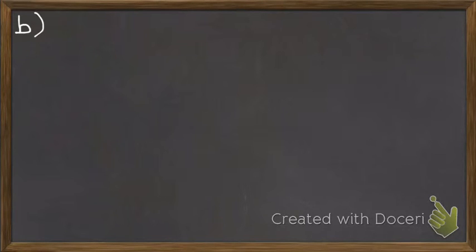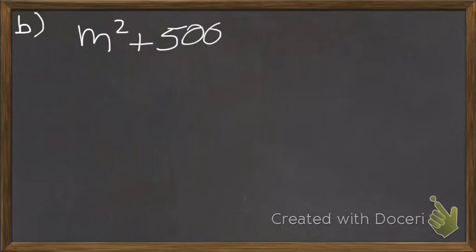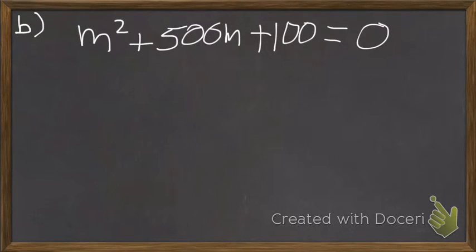Well, I tell you what I'm going to do. Part B. M squared plus 500m plus 100 equals 0. Let's see.